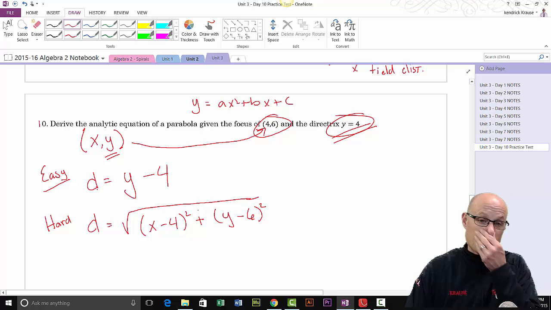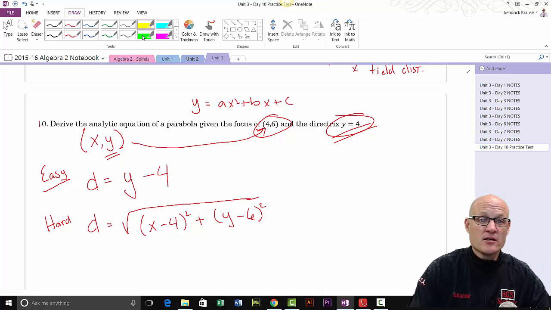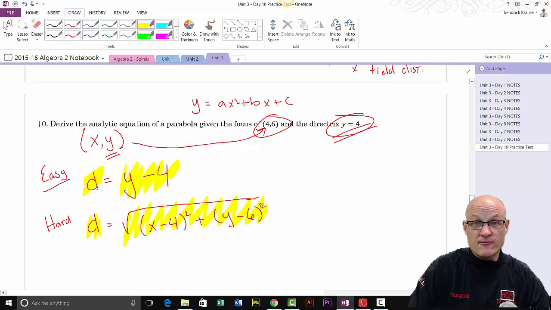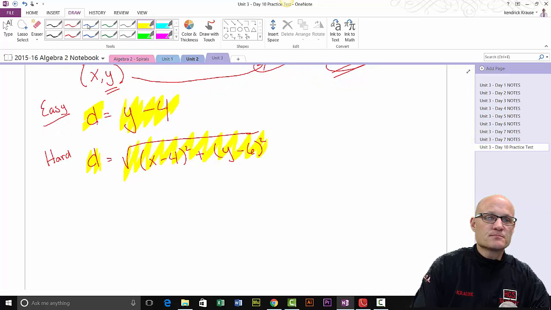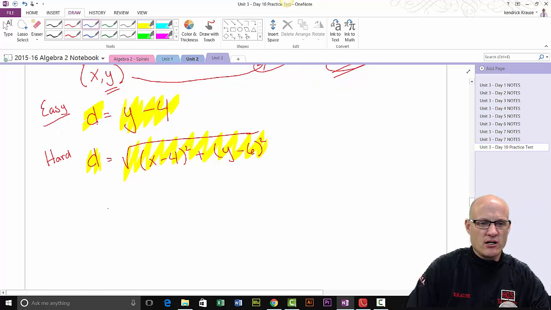Now, according to the definition, these two distances have to be equal to each other if, in fact, it is a parabola. That's the focus-directrix definition of a parabola.